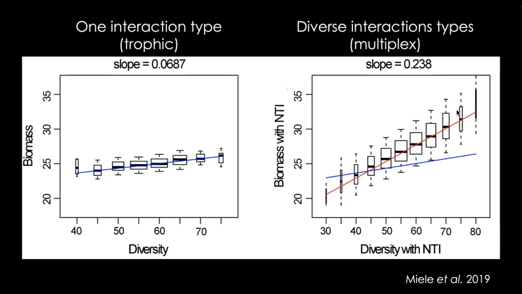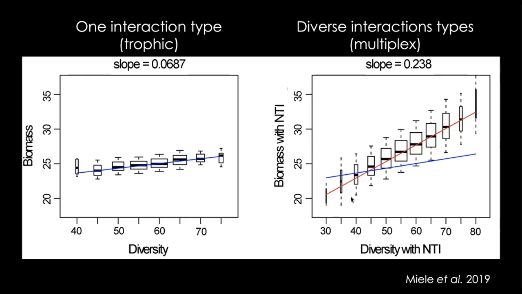And by chance, they're communities in which the positive non-trophic interactions are relatively strong and the negative non-trophic interactions are relatively weak. So as soon as you have very strong positive non-trophic interactions in communities, it will tend to increase species diversity, and this will be accompanied by relatively higher biomass than you would expect in a food web.